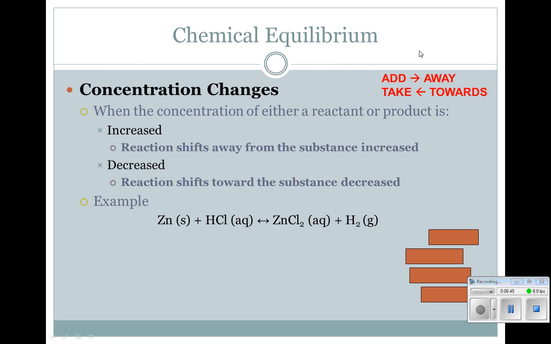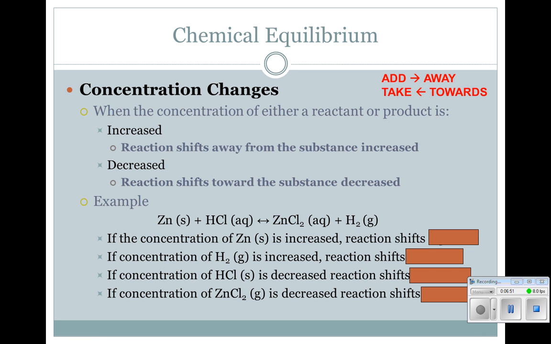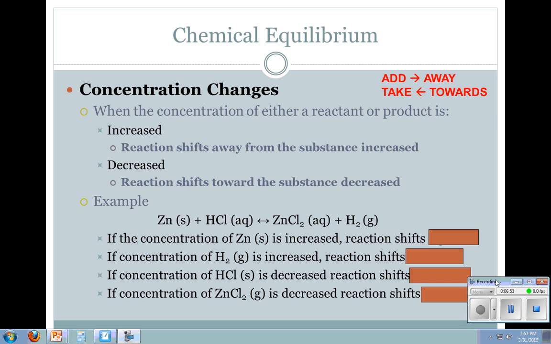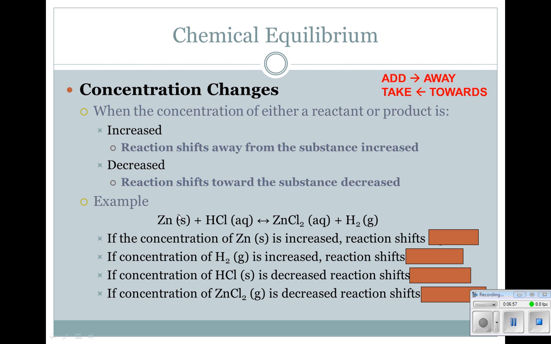So we're going to use this to help us. Add, away, take, towards. So let's do some examples. So first example, if the concentration of zinc solid, which is a reactant, is increased, we say add away. So I'm adding on my left side, it shifts away to the right.